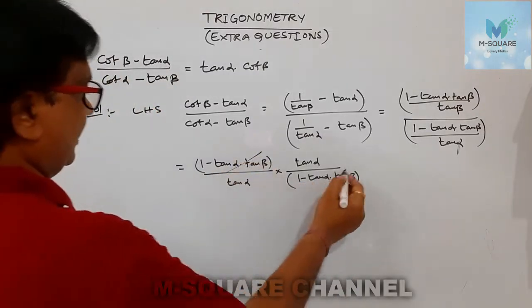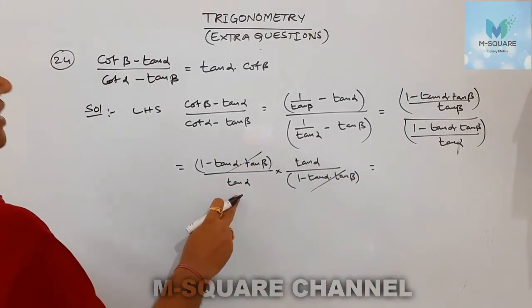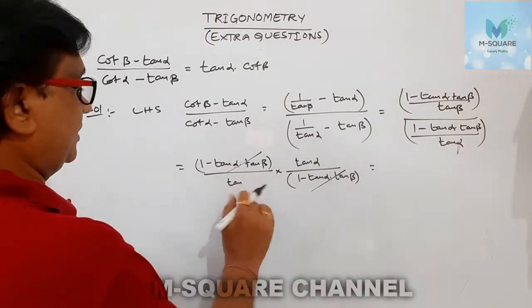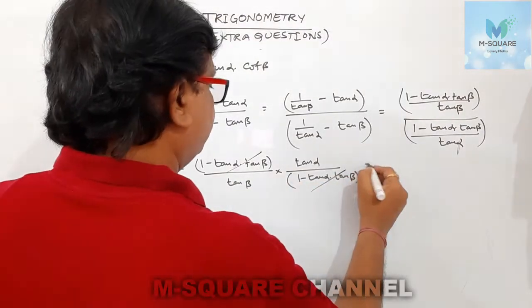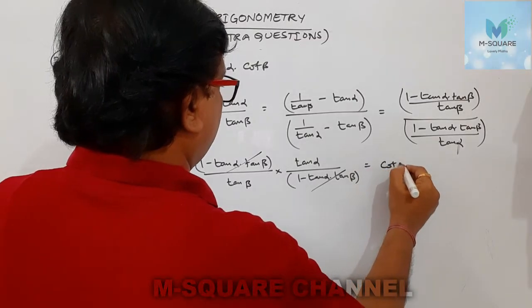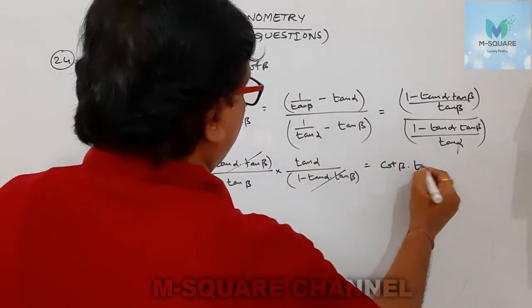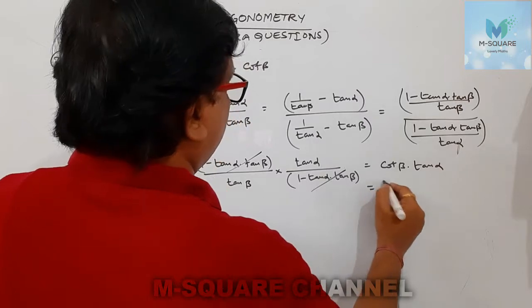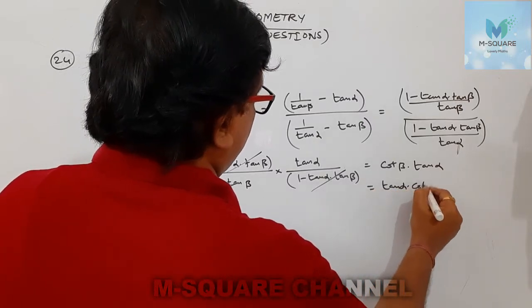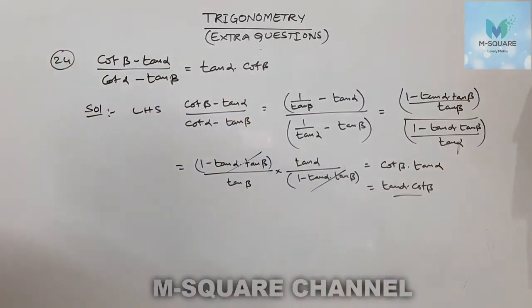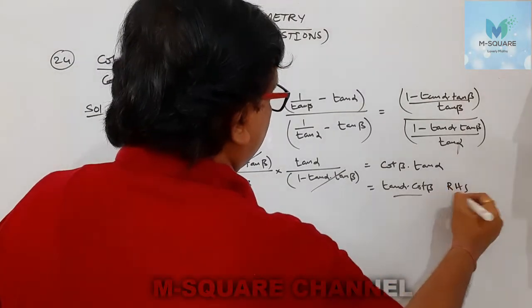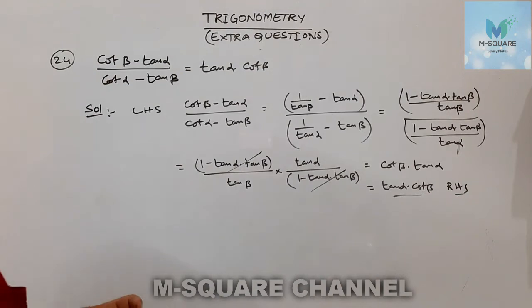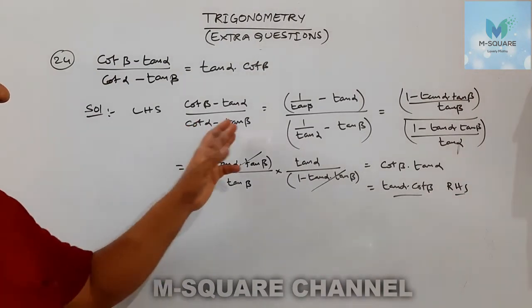These two cancel. What remains is 1 by tan beta, which is cot beta, and this is tan alpha. So we rewrite tan alpha into cot beta. This is the RHS. You can write the RHS as (cot beta minus tan alpha) by (cot alpha minus tan beta).